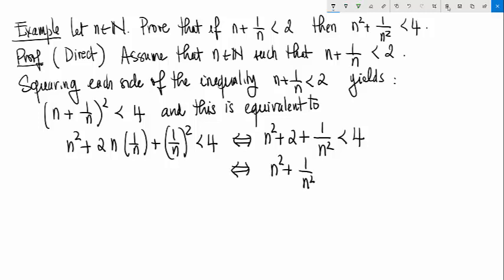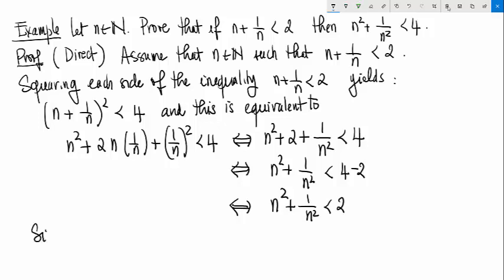Right, now we want to say something about this quantity, so that's less than 4 minus 2, which is equivalent to the fact that n squared plus 1 over n squared is less than 2.